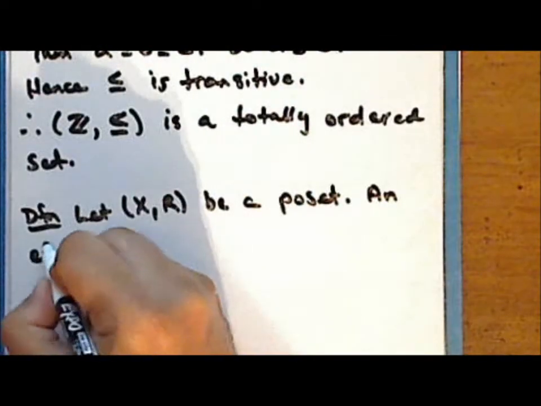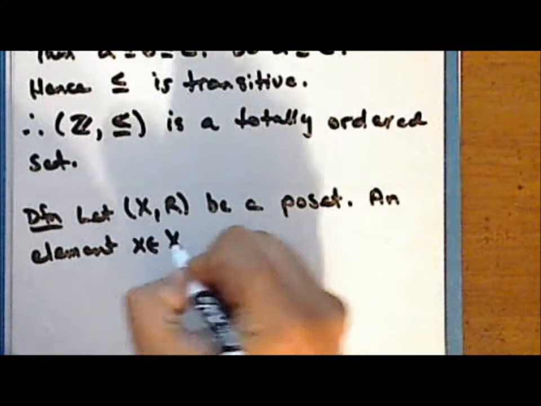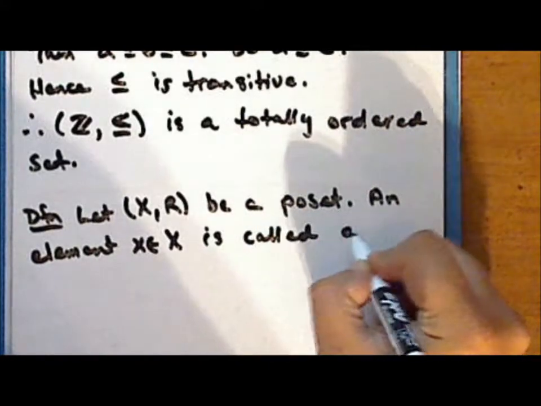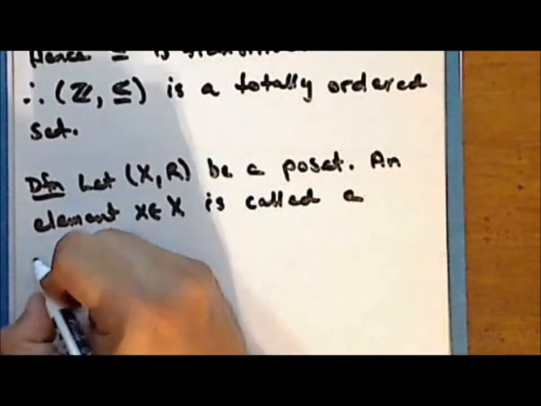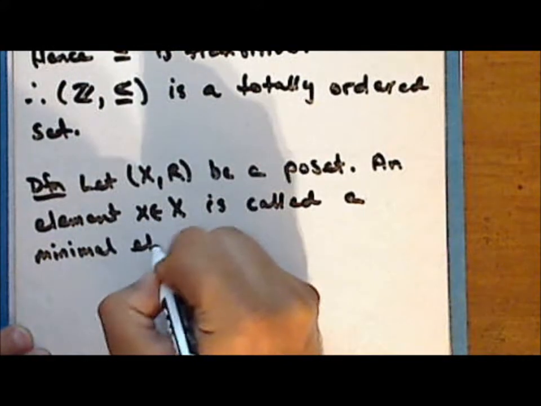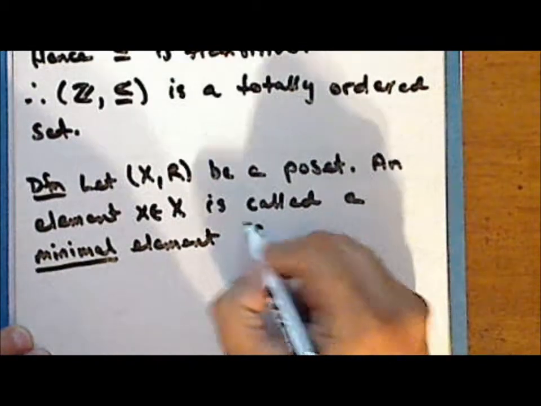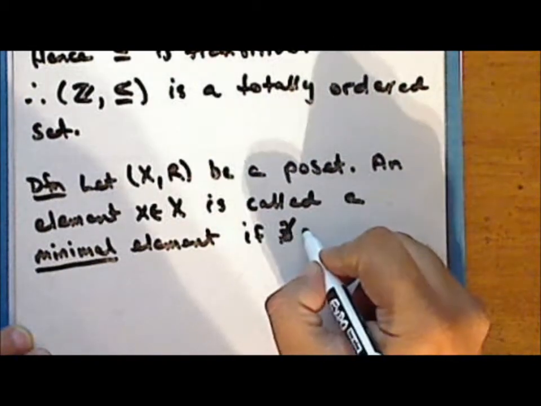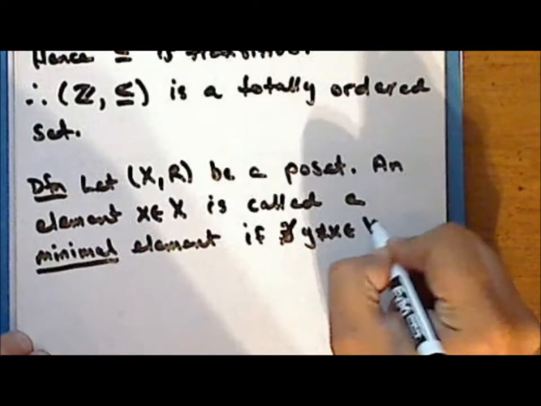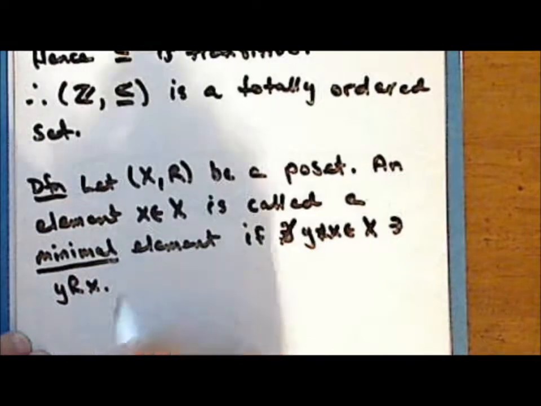An element X in the set X is called a minimal element if there does not exist a distinct element Y in the set X such that Y is related to X.